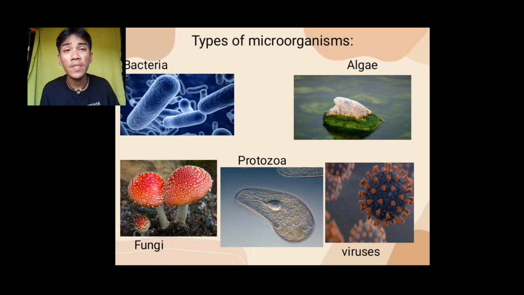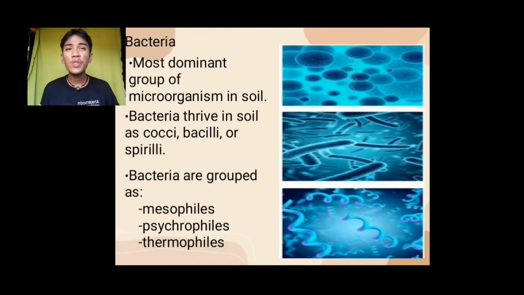Okay, so next, here we go. The types of microorganisms: the bacteria, the algae, the protozoa, the fungi, and the viruses. So what is bacteria? When we say bacteria, they are the most dominant group of microorganisms in soil. Bacteria thrive in soil as cocci, bacilli, or spirilli.